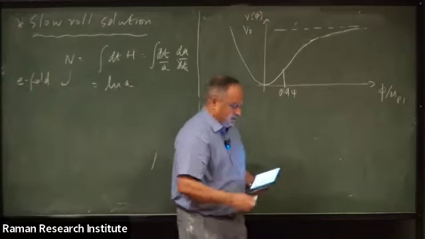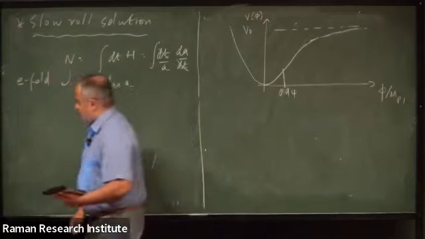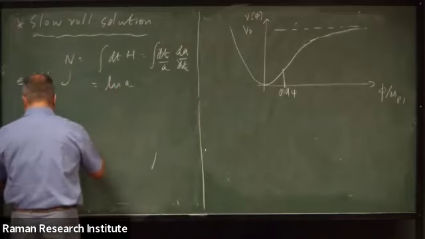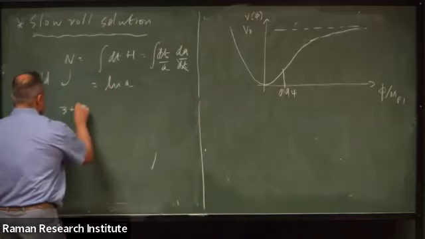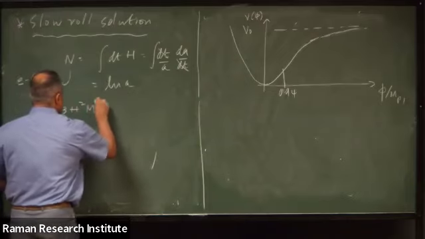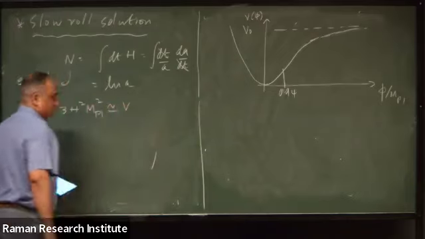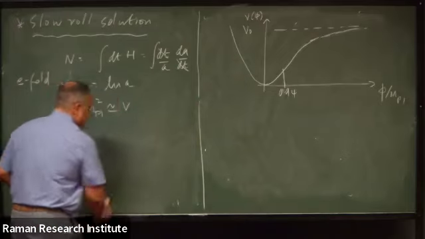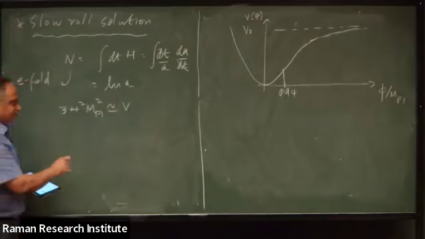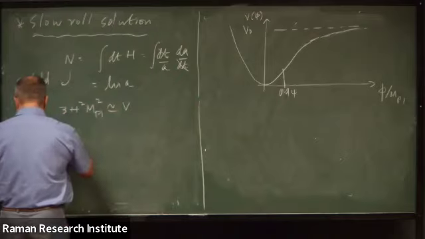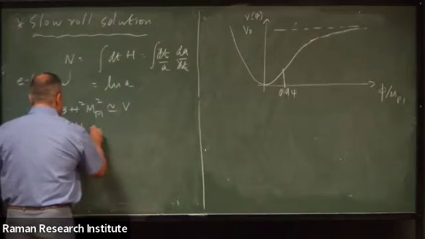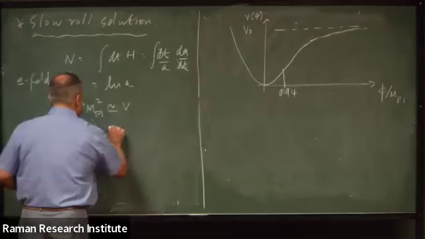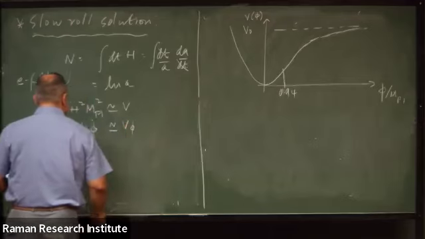Okay, all right. So what do you have as far as the equations are concerned? We have 3H squared MPL squared is V in the slow roll approximation, right? Slow roll inflation is easy to understand. It's a matter of dealing with these equations. And then you have 3H phi dot is minus V subscript phi.